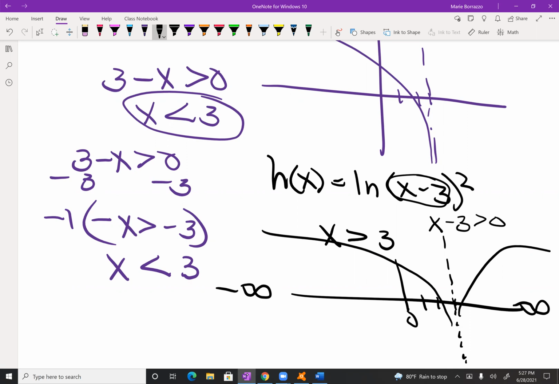So yes, when you solve for this, you get x is greater than 3, but there's also the condition that x could be less than 3. So you have to take into account both, and that's because it's squared. Okay, thank you. Remember when you take the square root of something, you take the plus and minus of it, right? Yeah, that's what I'm thinking about when you're saying that. Yeah, that's basically the gist of it.